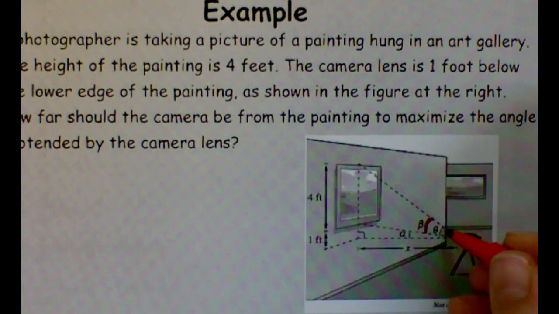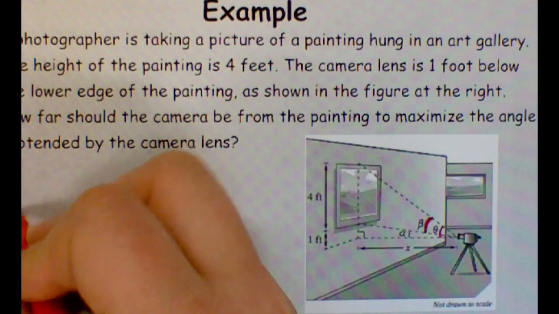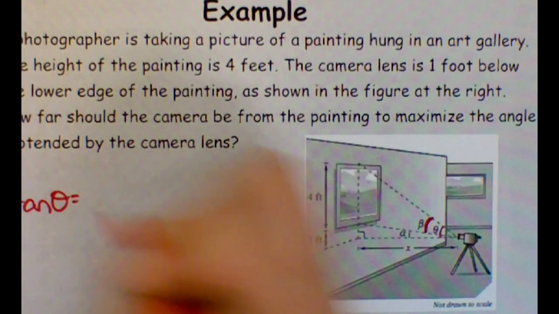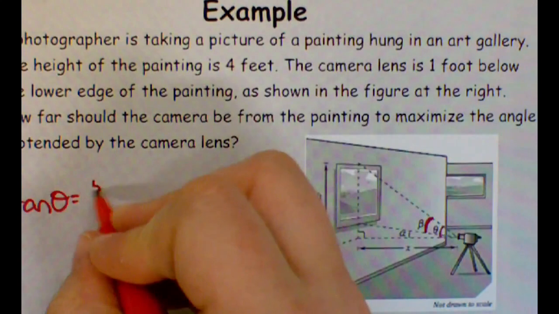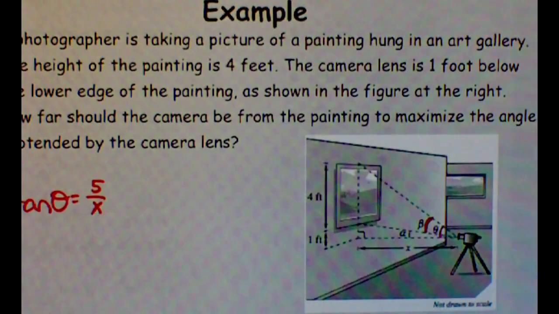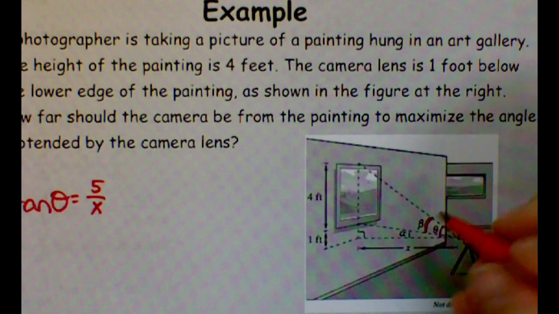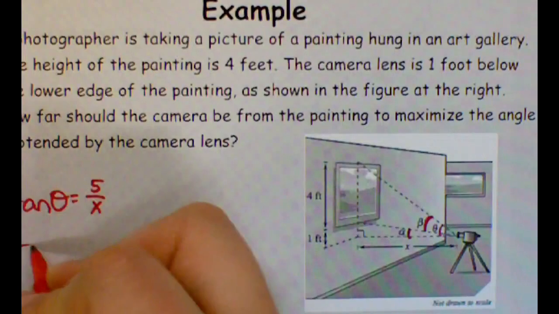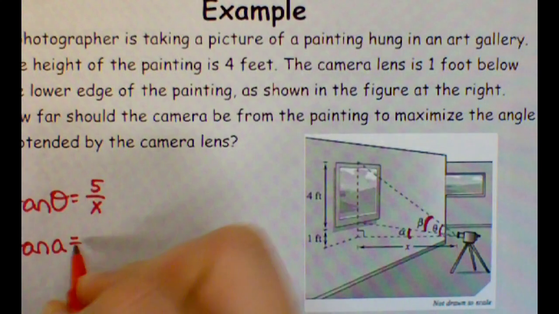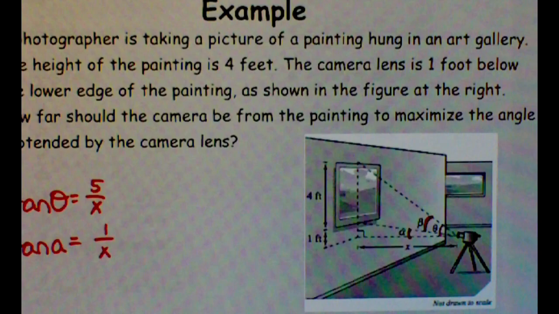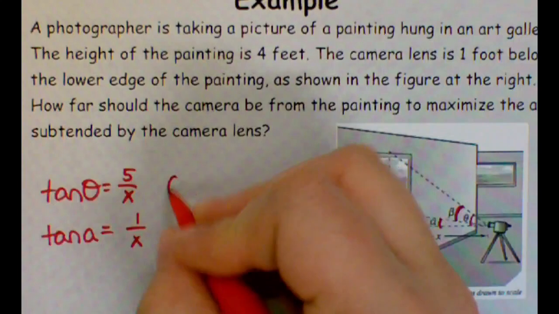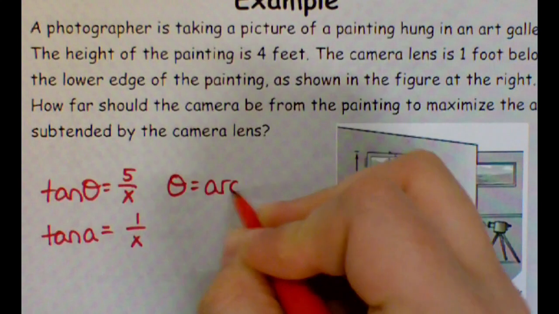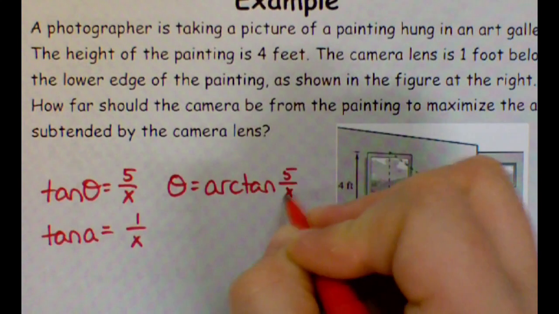We know that the tangent of theta, at least, is 5 over x. We know the tangent of alpha is 1 over x. So I can solve these and say theta is the arctangent of 5 over x.